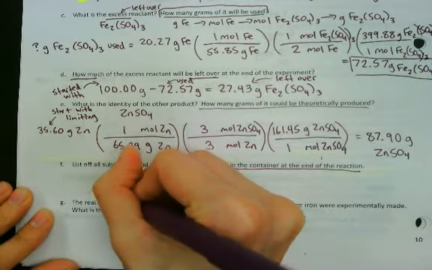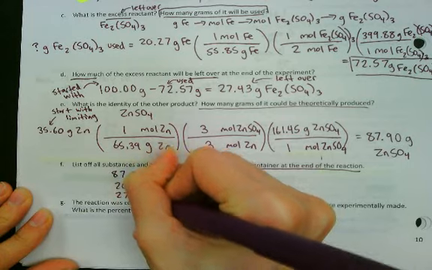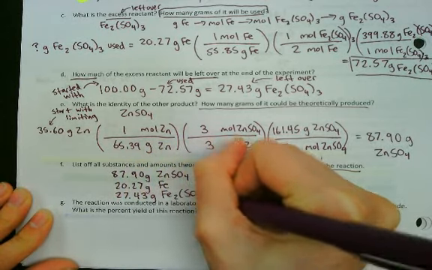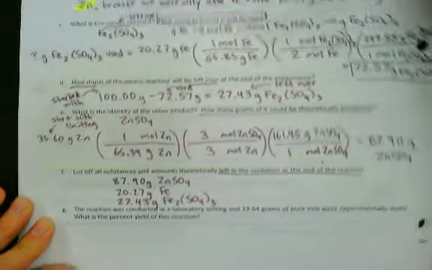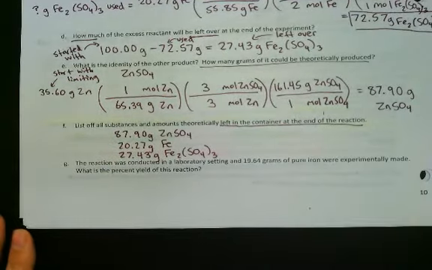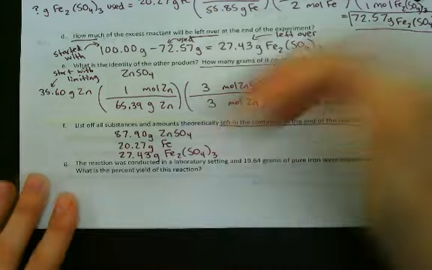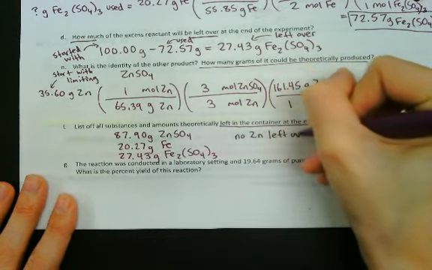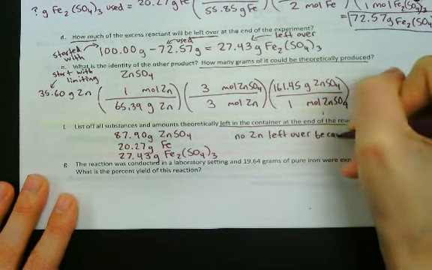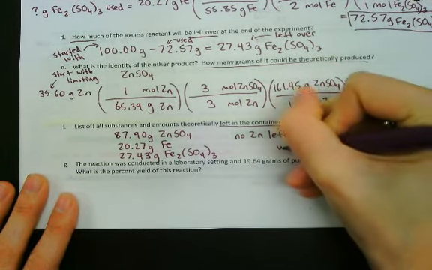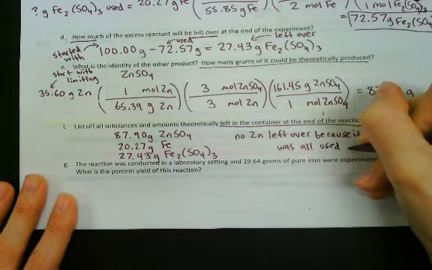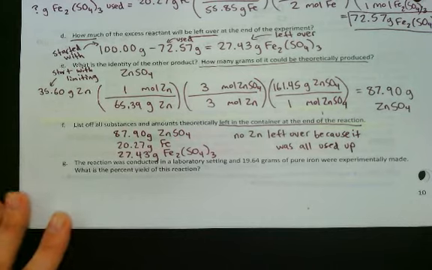So we said we had 27.43 grams left over of this. So this is everything that is left in our reaction container at the end of our reaction. We have no zinc left over, because it was all used up.